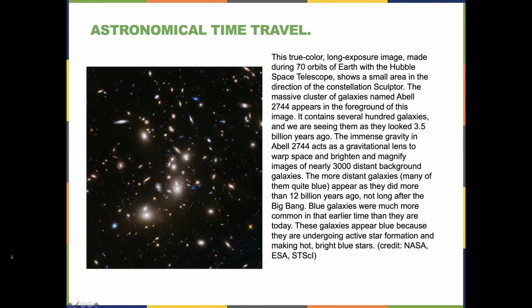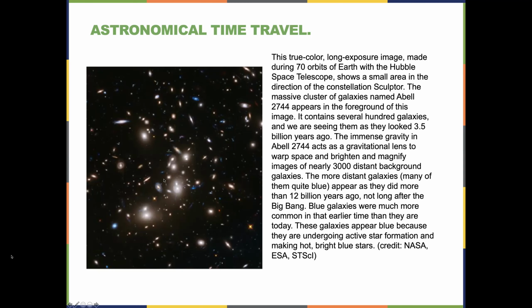So this is a Hubble Space Telescope. Hubble Space Telescope has this capability to look at galaxies that are so far away. One reason is that it's in space, so it's out of our atmosphere. So it is a telescope that can get very clear images due to that reason.